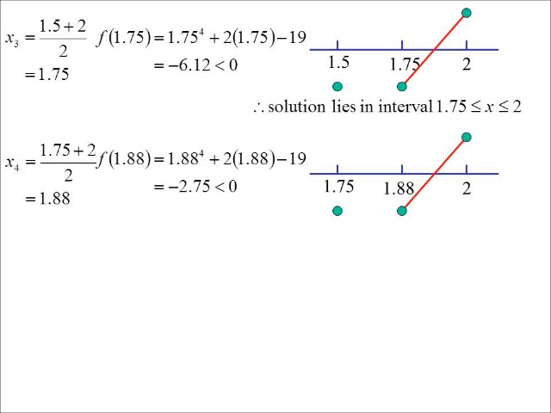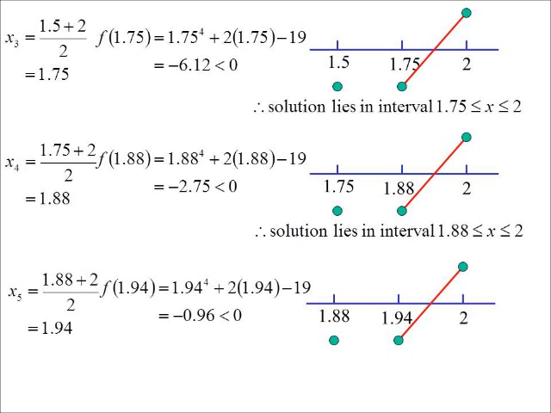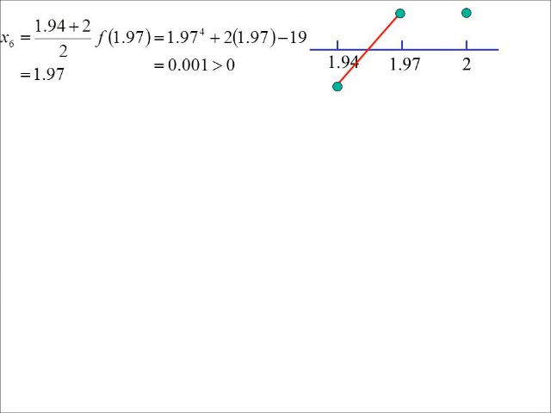But now I know it's in between 1.88 and 2. So my next approximation will be 1.94. No good. Okay, well, we'll try again. So my solution will be in between 1.94 and 2. 1.97. Oh, that's so close.